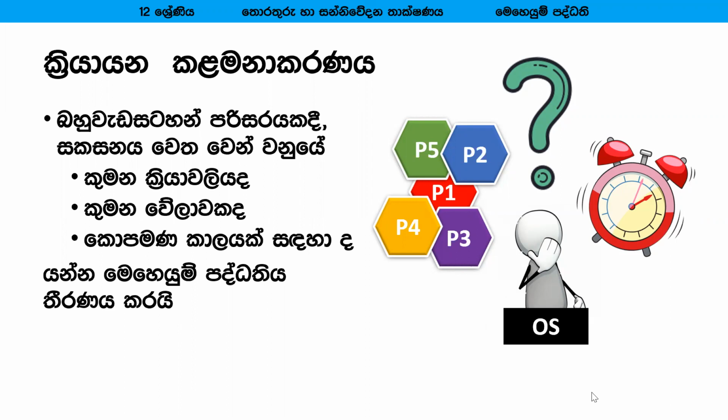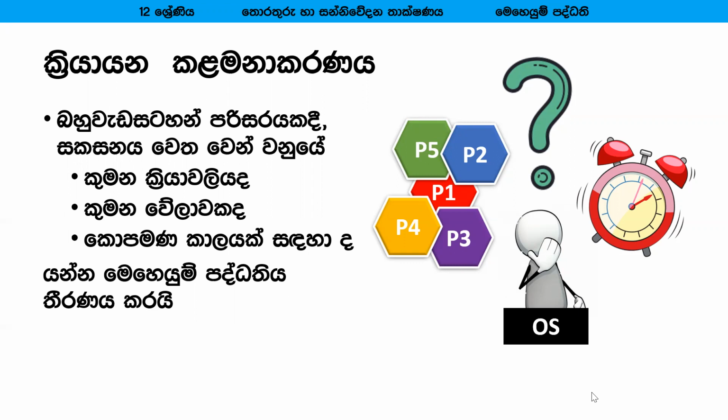When there are a lot of processes for the operating system to handle, the operating system will face these questions. It has to figure out which process to send to the CPU, because the CPU can take one process at a time, right? And at what time it is going to send it, and for what time period it is going to send this process to the CPU.